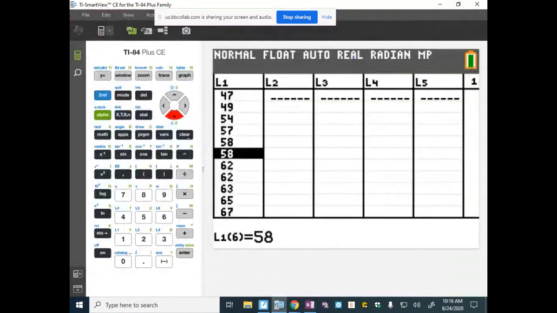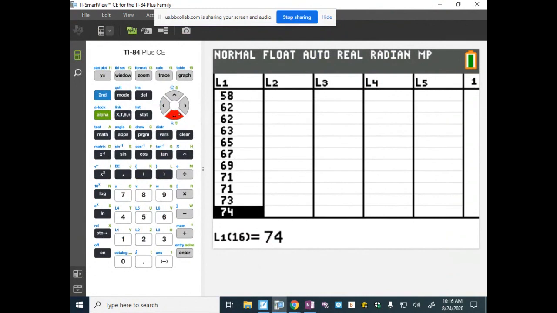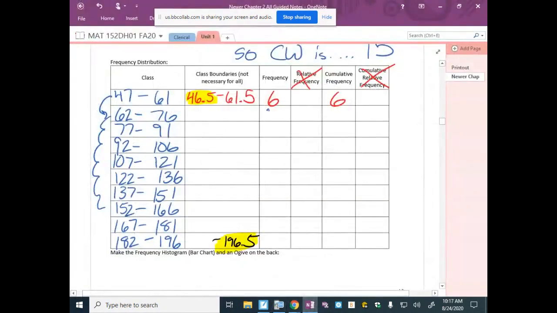So 62 to 76: 1, 2, 3, 4, 5, 6, 7, 8, 9, 10, 11 bills. You just have to figure out all those frequencies.